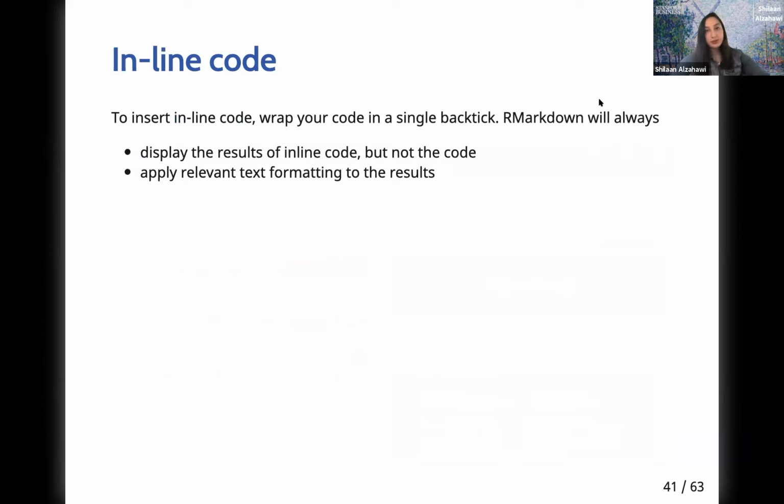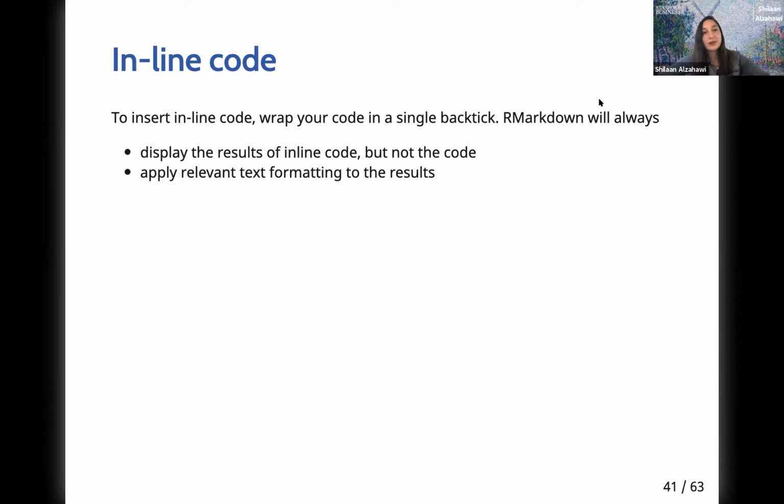Like I said, there's two types of code, and we already talked about the code chunks, which are those bigger chunks where we, for instance, specify our linear regression model. But sometimes we want to refer to statistical results in our text, right? We want to say there was a significant difference between group 1 and 2, M equals 1.54 for group 1, M equals 2.02 for group 2, and then the p-value.